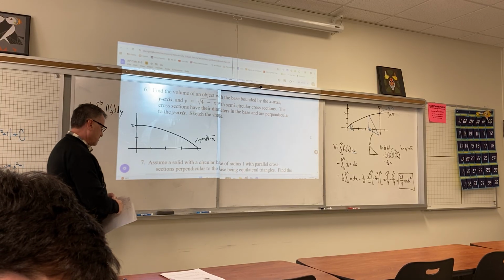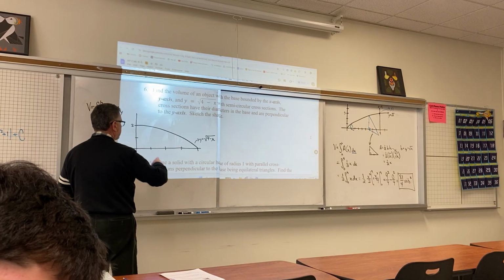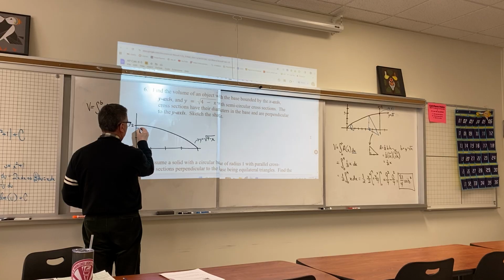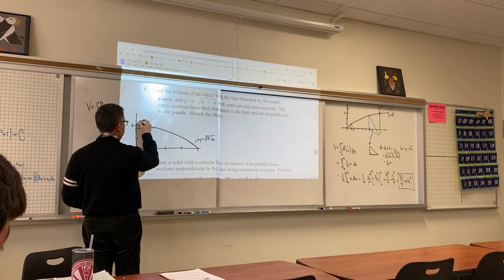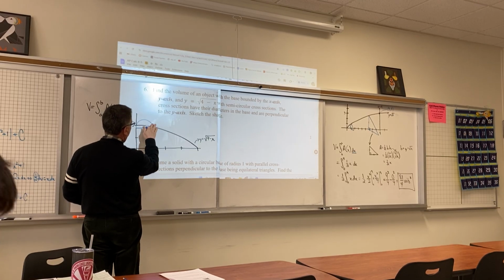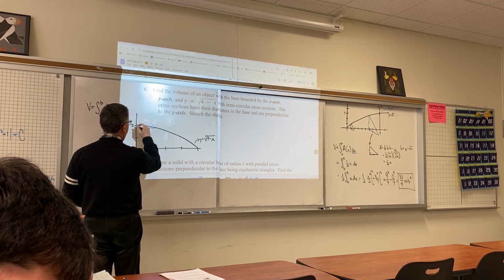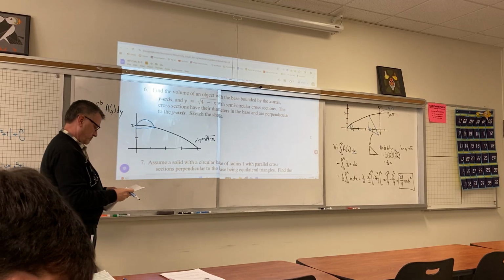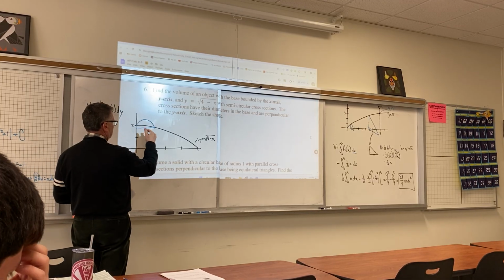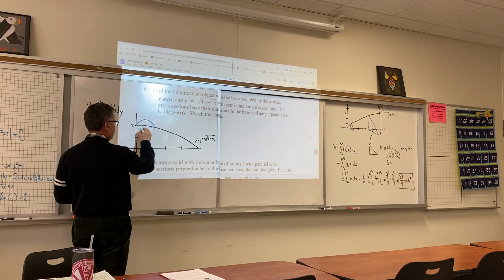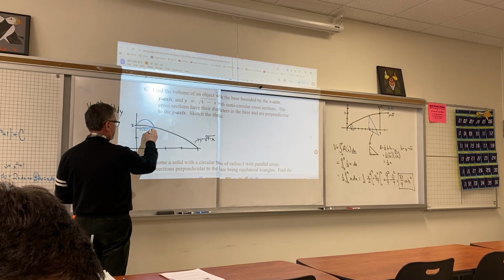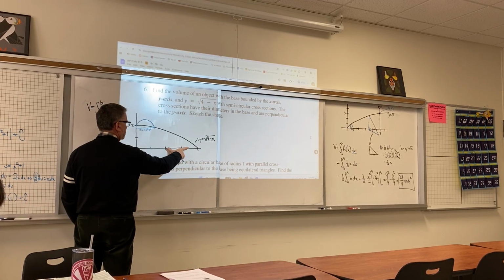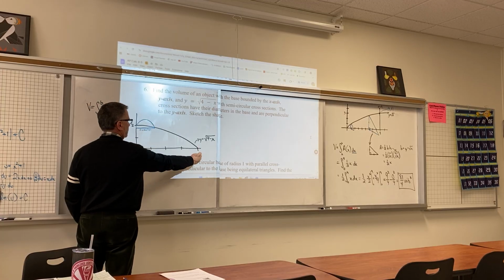So here's what my cross sections are. I'll draw one up here. That's kind of a semicircle. And of course, as I move down, the semicircle is going to get bigger and bigger, right? It's really going to come out big.